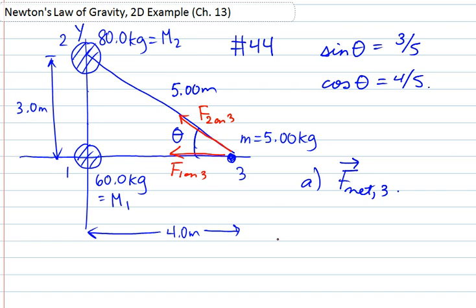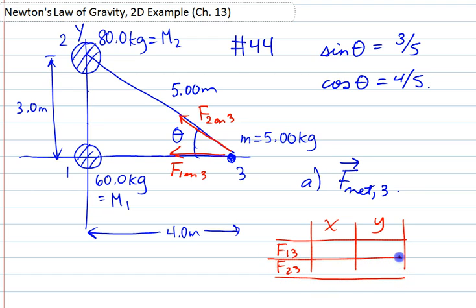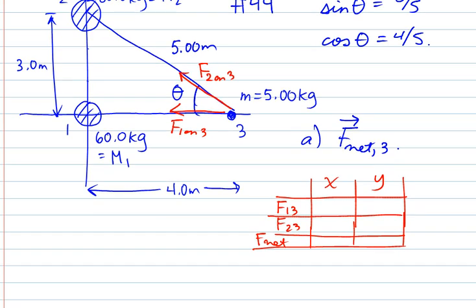The strategy here is I'm basically going to calculate each of these forces separately and then stick their components into a table in order to find the total x and y components of the net force. Then I'll recombine those into a triangle to find the net force.